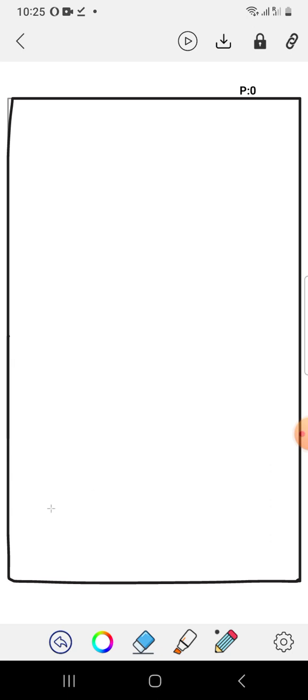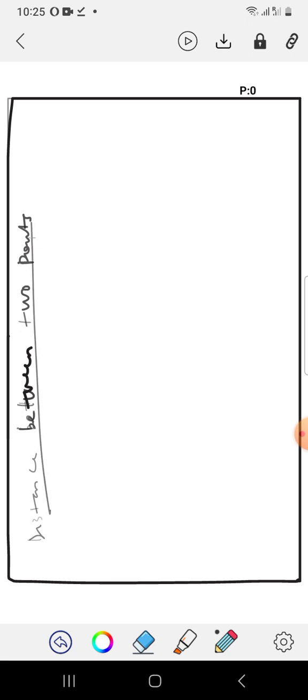So now the new topic is distance between two points. So the distance between 2 points, this is what we want to look at now.